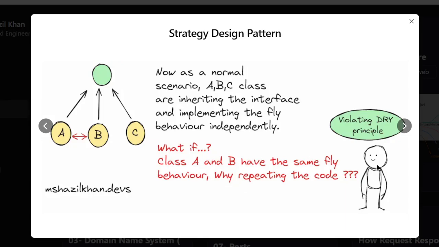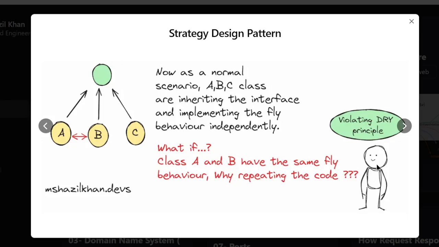So the text that is written in red is very important. Here it is written that if two animals A and B have the same algorithm to fly, then why are we repeating the code by providing the implementation again and again in their own classes? Like if A and B fly with the same functionality or the same algorithm, then why are they implementing the algorithm again in their own classes? This is the problem.